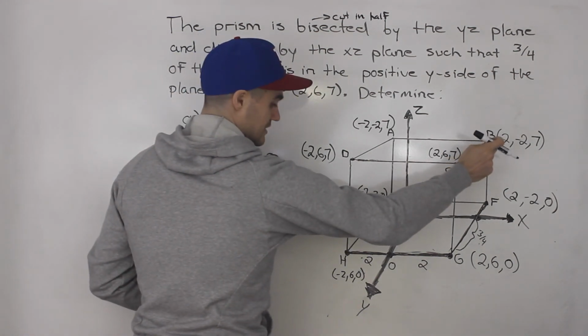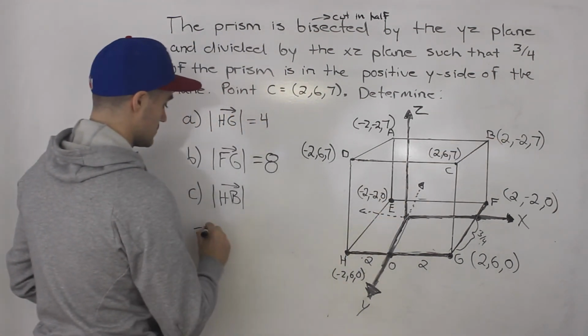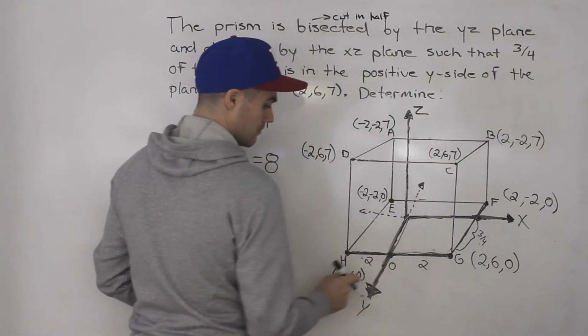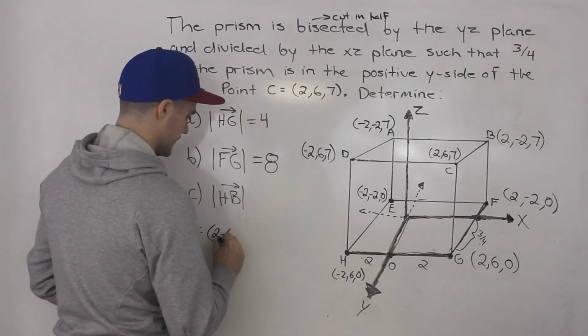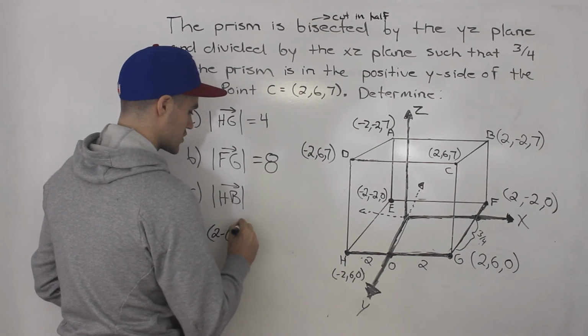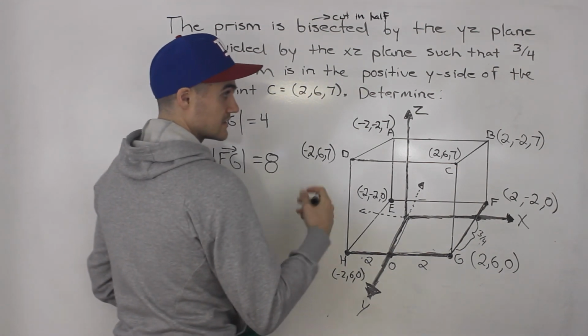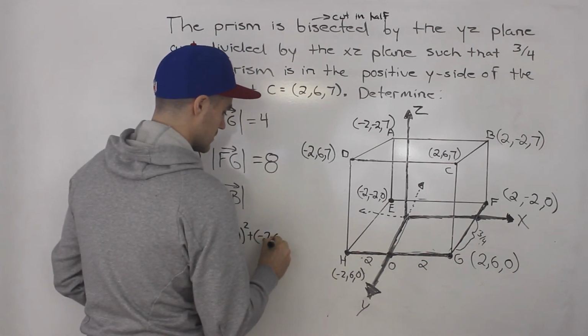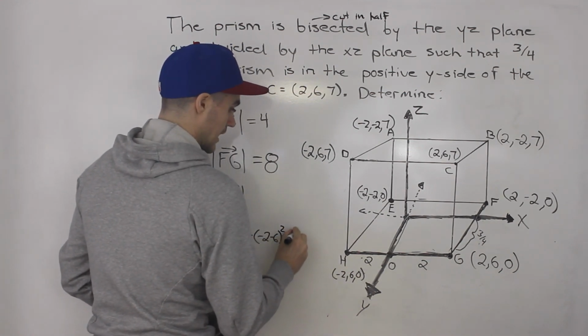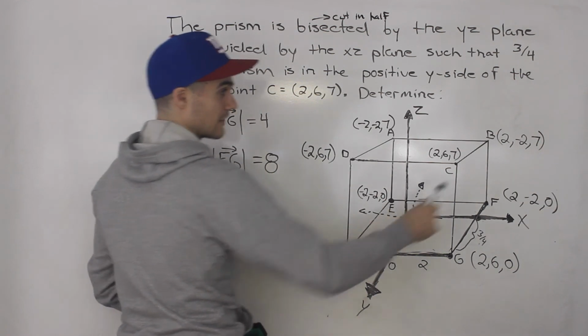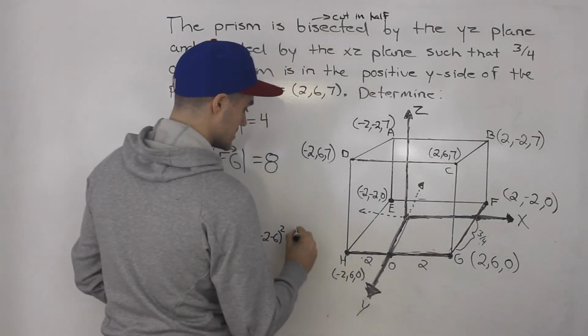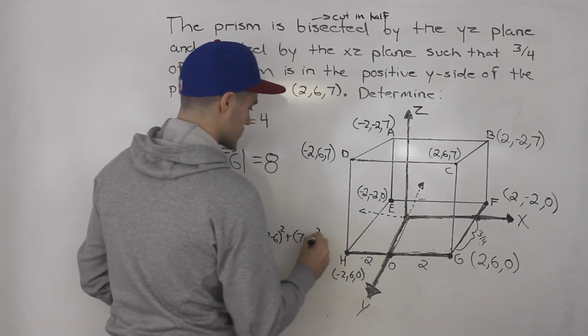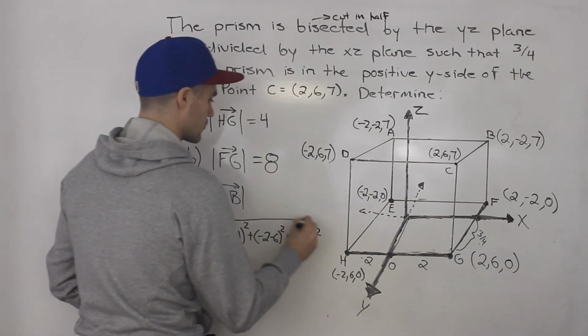So we would take the difference in the x values, so 2 minus -2, square that difference. Take the difference in the y value, so -2 minus 6 squared. And then the difference in the z value, so 7 minus 0 squared. Then we would be square rooting that whole thing.